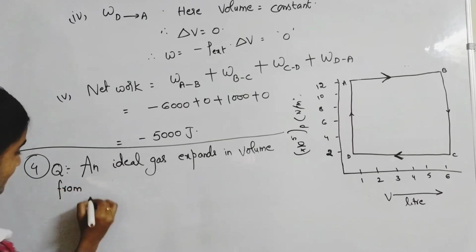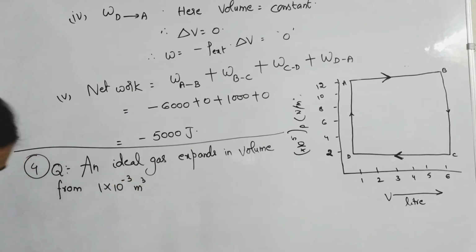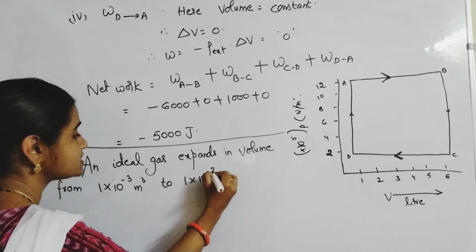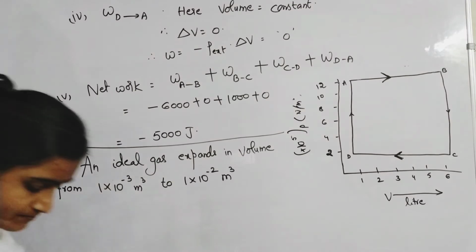1 into 10 power minus 3 meter cube to 1 into 10 power minus 2 meter cube at 300 Kelvin at constant pressure.